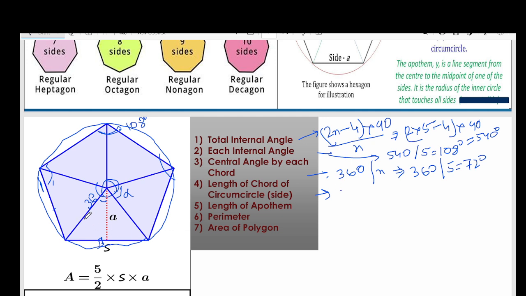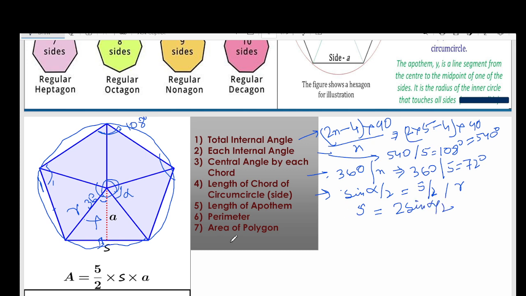If we take this triangle, sine of alpha by 2 will be S by 2 divided by R. Or S equals 2R sine alpha by 2.